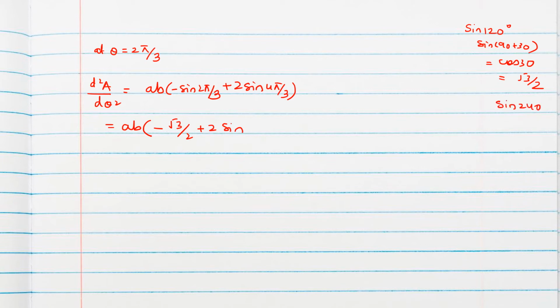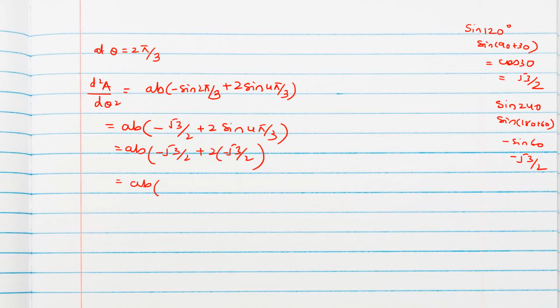So 240 we can write 180 plus 60. So this will give 180 plus 60 means minus sine 60, that is minus root 3 by 2. So 4 pi by 3 we can write minus root 3 by 2, which is minus 3 root 3 by 2, which is negative. So we can write here, therefore area will be maximum at theta equal to 2 pi by 3 or 120.